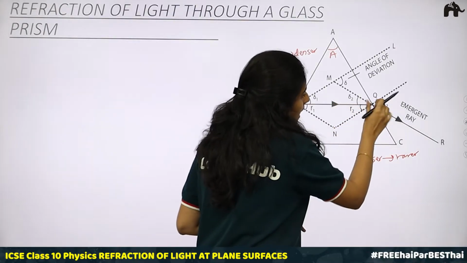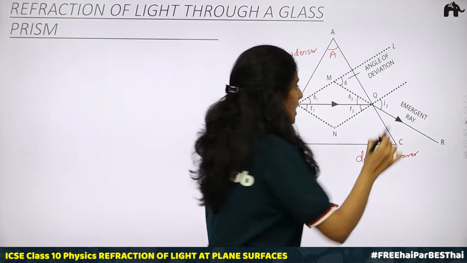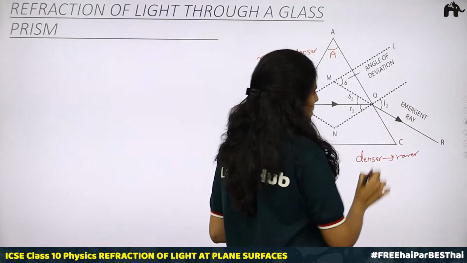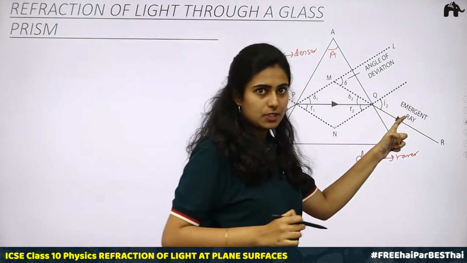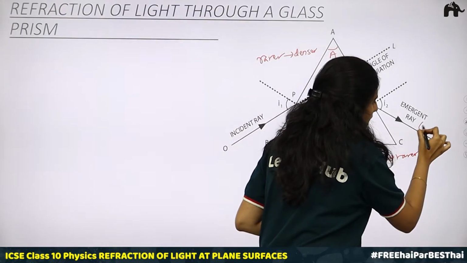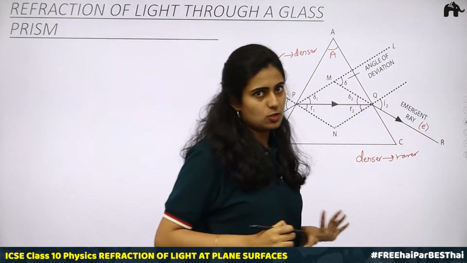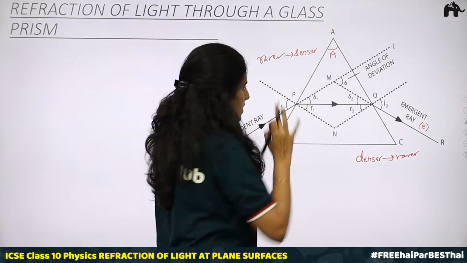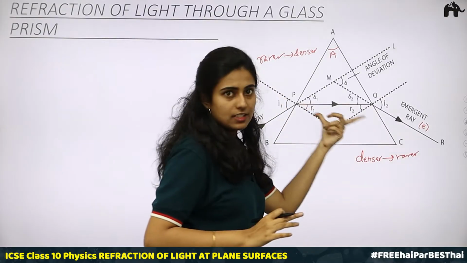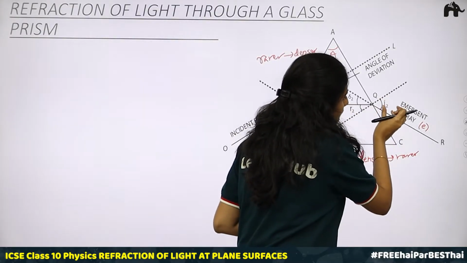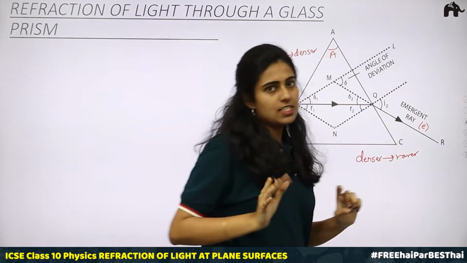And the angle between the emergent ray and the normal is the angle of emergence. Either you can represent it by E or you can mark it as I2. I1 is the angle of incidence, R1 and R2 are the refraction angles, and I2 is the emergent angle.